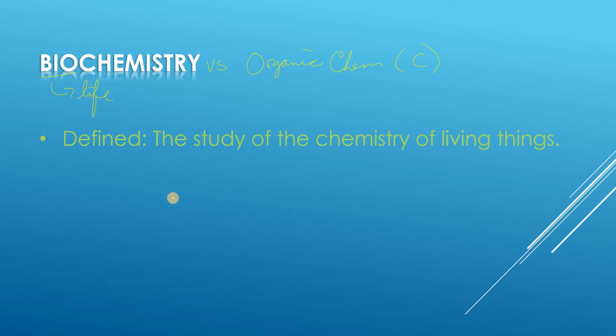And so this is the chemistry of living things. So in biochemistry, we deal with how things live, how they respond, how living things do chemistry within themselves, whereas organic chemistry deals specifically with compounds containing carbon. So our first point here is biochemistry is the study of the chemistry of living things.